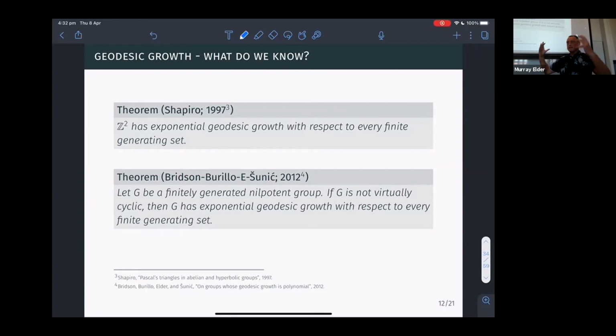It's a little complicated, and I can't remember the proof anymore, it was so long ago. So if G is not virtually cyclic, because that's possible for nilpotent, then G has exponential growth with respect to every generating set. So that rules out all strictly nilpotent groups. My vague recollection of the proof is that you just push a Z squared inside the group.